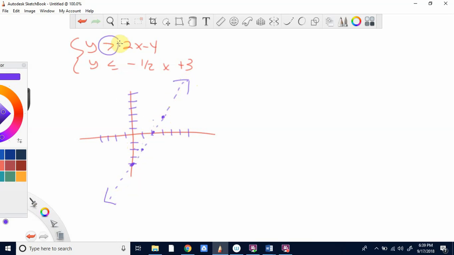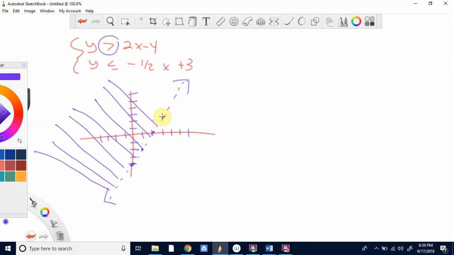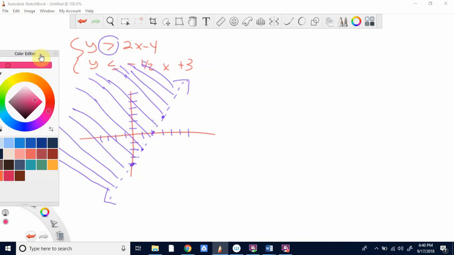And then where do we shade? It says y is greater than, so we're going to shade all above the line, which would be on this side of the line, and we can check it by plugging in the origin 0, 0. If you forget how to solve inequalities or graph them, then you can ask me in class.